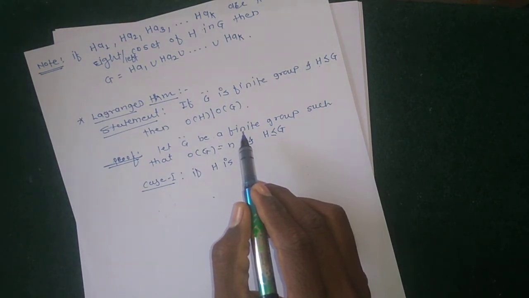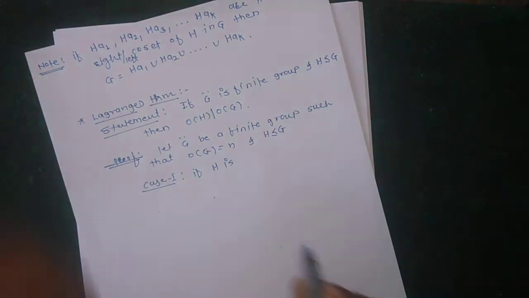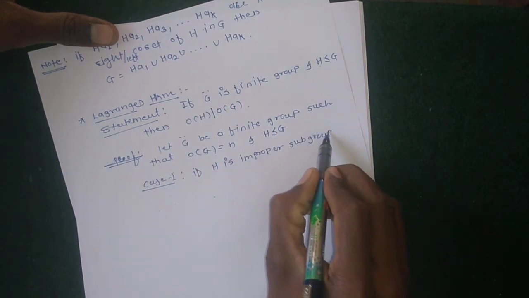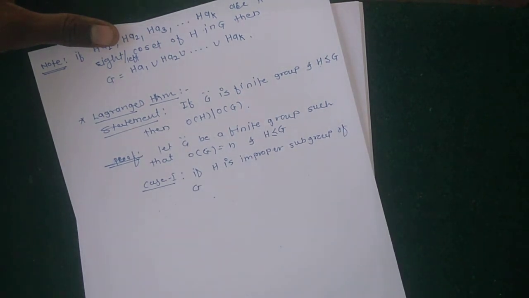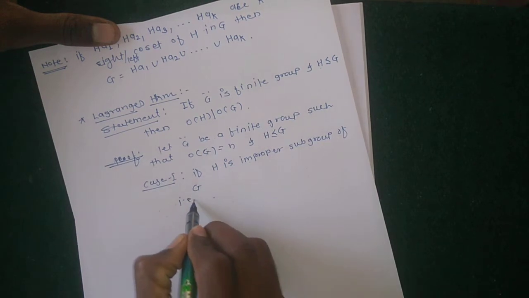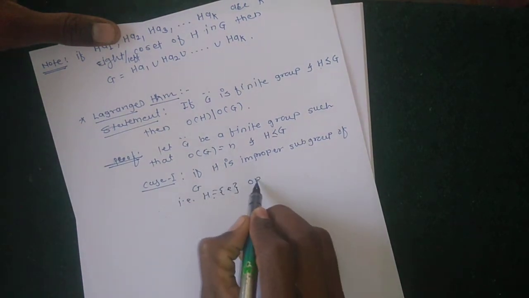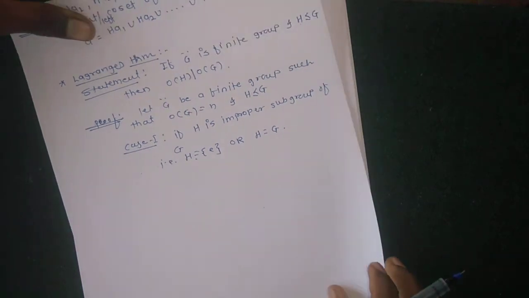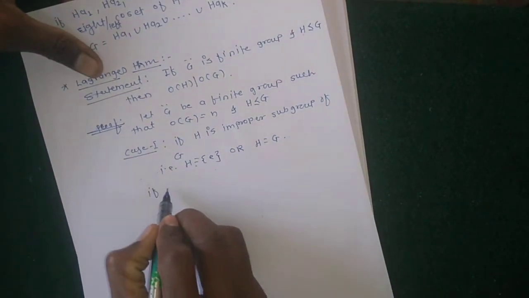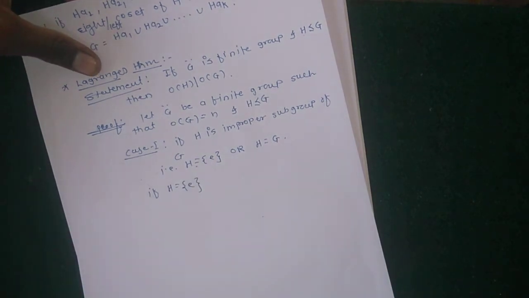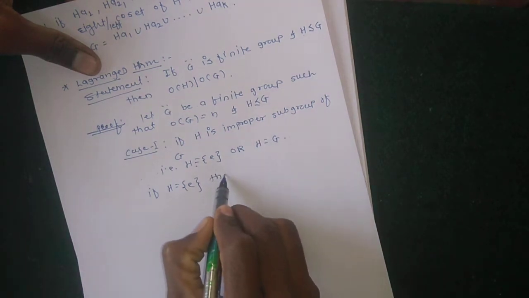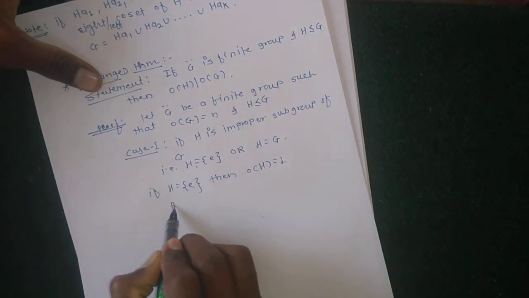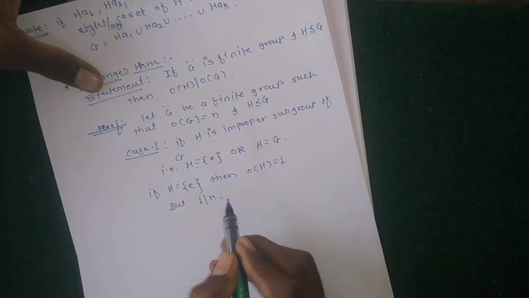So if H is an improper subgroup of G, that is H equals the singleton identity or H equals G, then if H equals the singleton identity, H contains only the identity element, so the order of H equals 1.